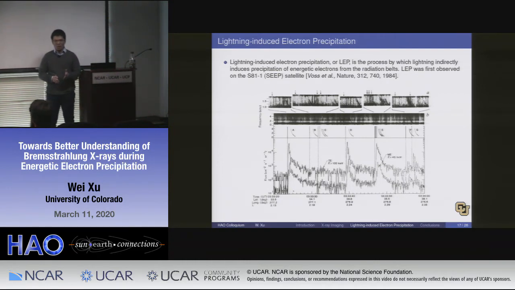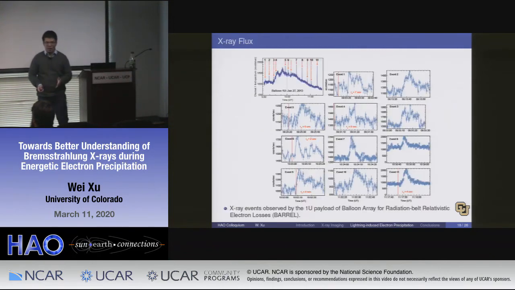LEP was mainly studied using satellite or VLF measurements, but back in 2013, the Balloon Array for Relativistic Radiation-belt Electron Losses measured a series of intense X-ray pulses in Antarctica. There is a total of 11 isolated X-ray pulses, as shown here. These are the photon counts versus time.